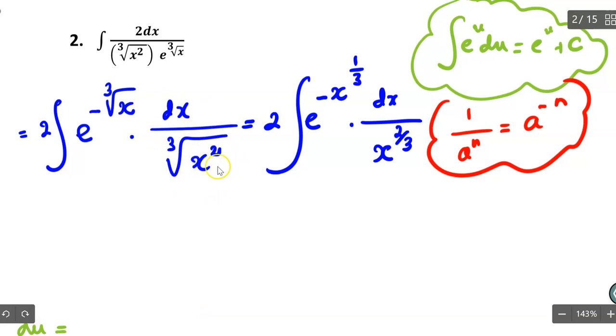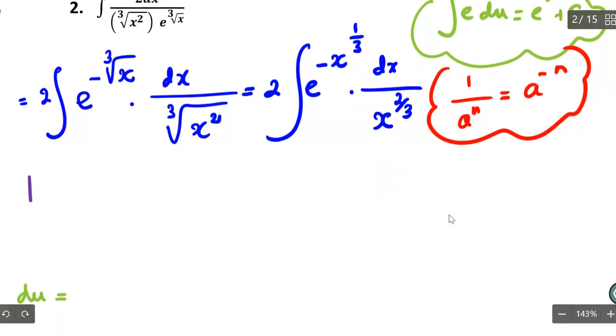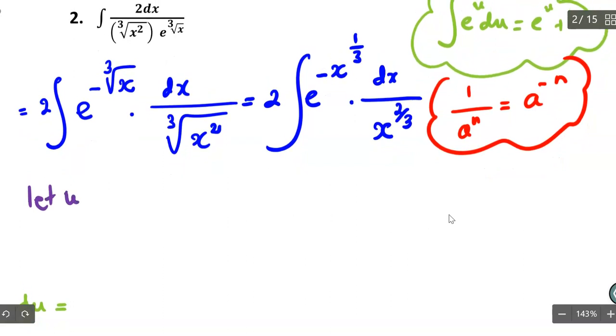Later on, when you let u equal to this exponent, that means you have to differentiate. Once you differentiate, it will reveal this exponent for you so that you can match the differential factor dx with the du. So I will let u equal to negative x to the 1/3.